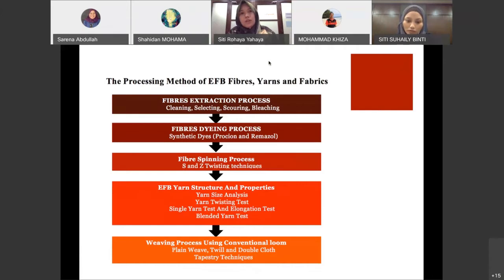The second one, dry EFB, I get from a factory. Both are from the factory, but fresh EFB you need to process: you need to clean it and boil it. But in my case, I use dry EFB, which I buy from factories, the processed EFB fibers.